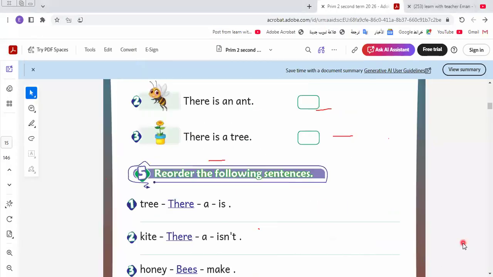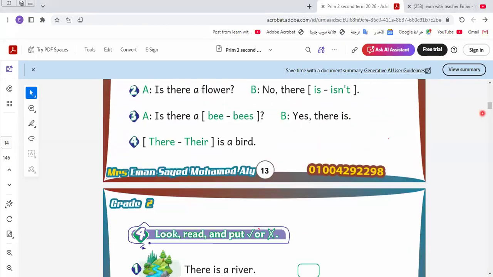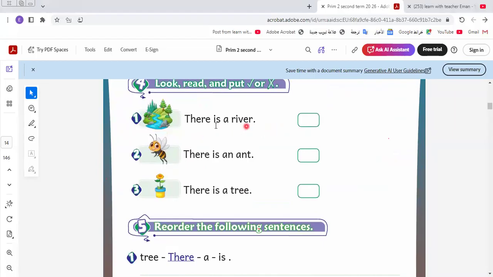Let's go to another one here. Here we say, is there a river? Is it a river? So I put right. Yes, it's a river.